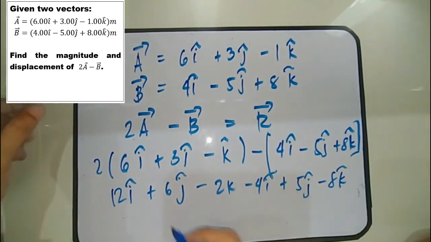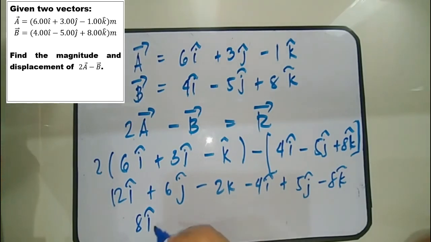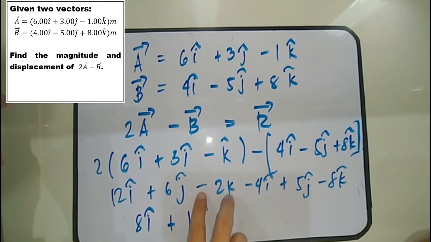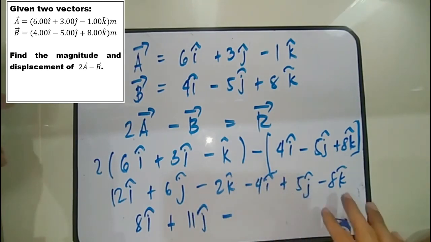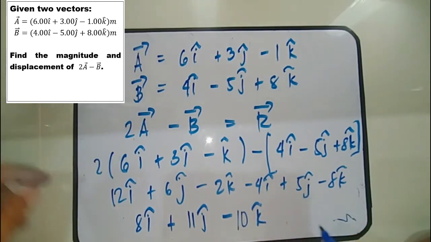This is 8i. So, positive. Then, you have plus j, 6 plus 5. So, that is 11j. Then, you have here, so k is negative 2k here, minus 8k, so that is minus 10k. So this is our vector r.